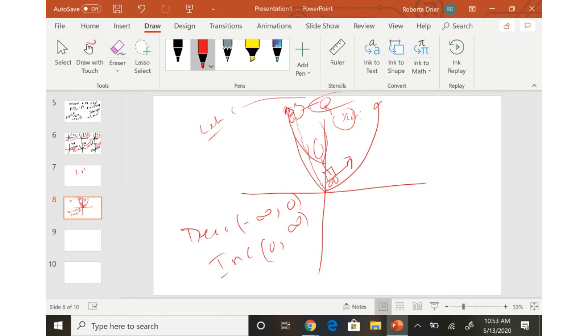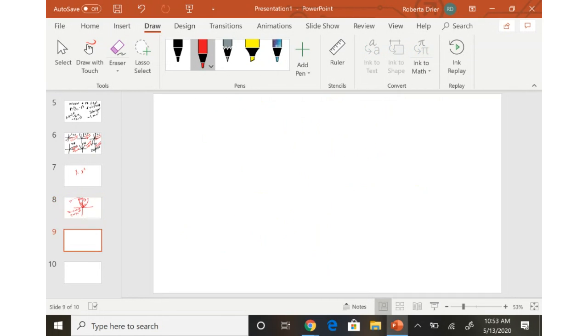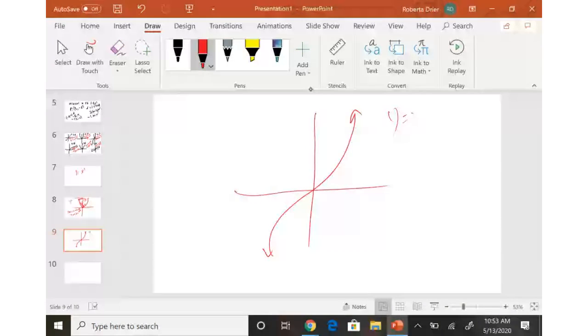Going twice. All right. Let's look at x cubed. When's it increasing? When's it decreasing?